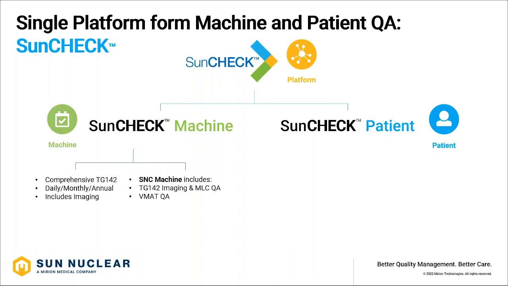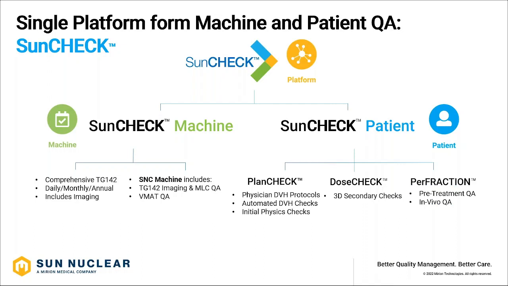We also have a comprehensive inbuilt TG142 template that you can use, or customize based on your clinical QA requirements. We also provide you the option to perform imaging, VMAT, and MLC QA easily by integrating all your images acquired using your EPID, kV, or MV imager, and automating the QA tasks involving these images into SunCheck Machine.